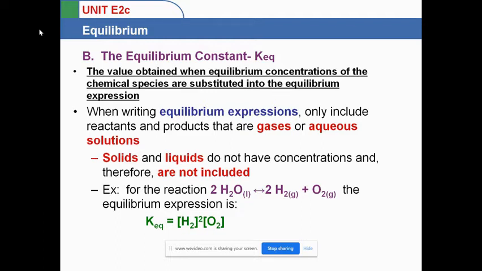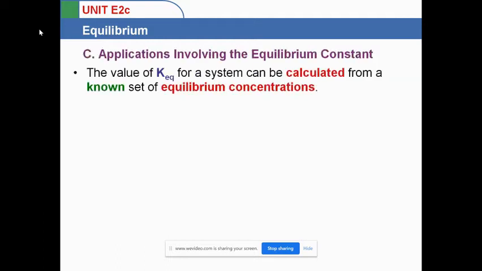Now, once you're done with that, the last thing to keep in mind is that the value of KEQ for a system can be calculated from a known set of equilibrium concentrations. So for the problems you're going to get, I'm going to give you the concentrations of the reactants and products at equilibrium. You plug them into the formula and you calculate KEQ.